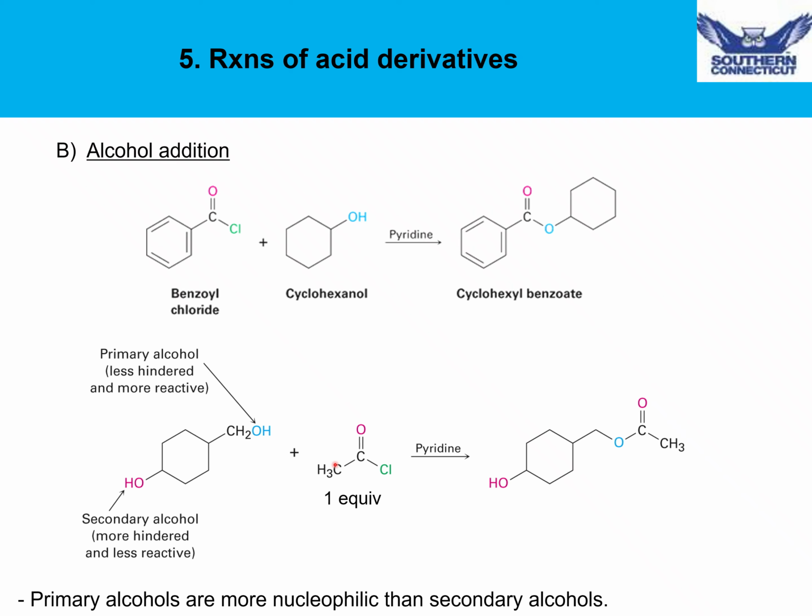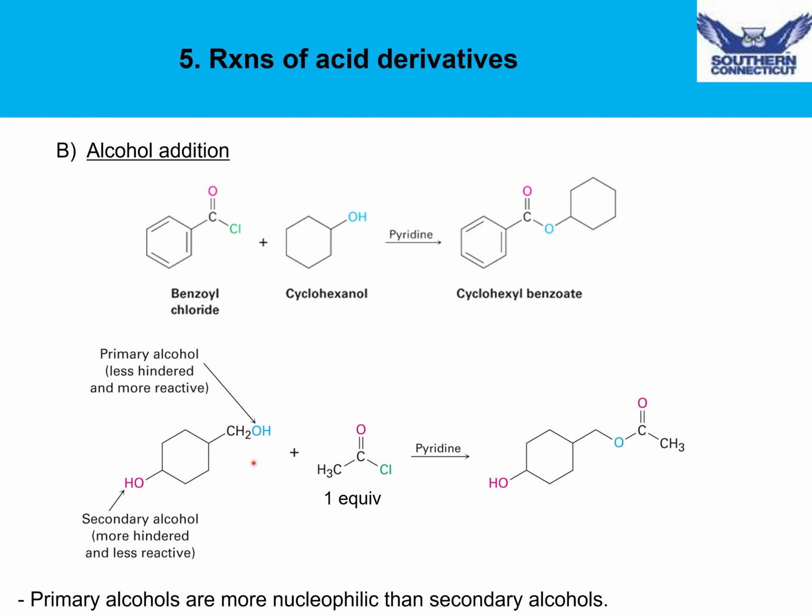In the second example, we're using a diol. The diol has a primary alcohol and a secondary alcohol. Primary alcohols in general are more nucleophilic than secondary alcohols since they're less hindered. And so if we were to use one equivalent of an acid chloride or any other acid derivative, the reaction will occur through the primary alcohol.